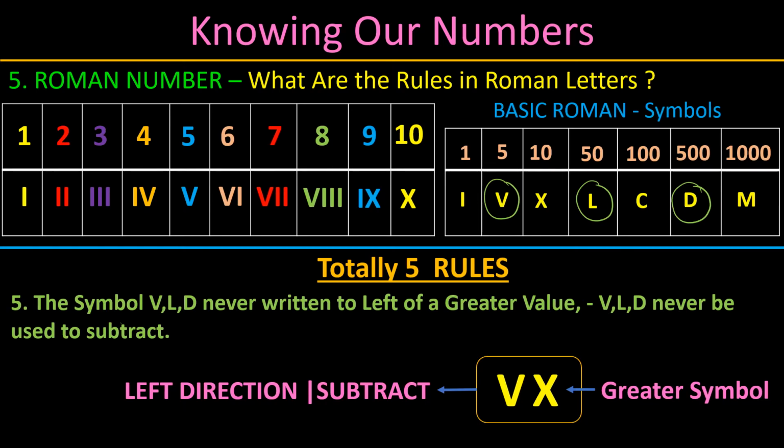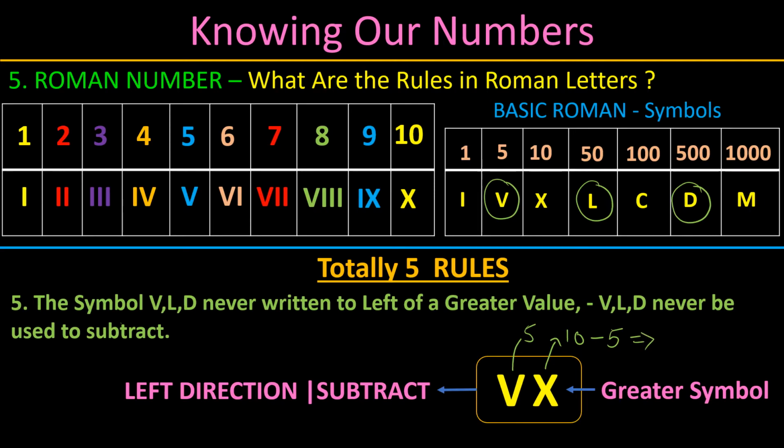Right now you see here this is a V. From a theory point of view, this value is how much? 10. And this value is how much? 5. Anything you write towards the left of the greater symbol is always subtraction, as per the rule. Let me write here 5.